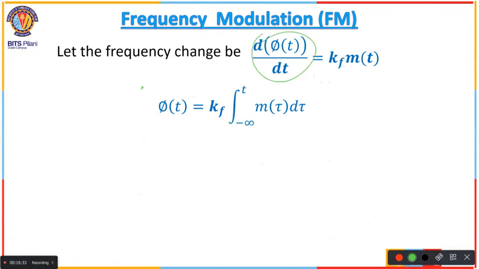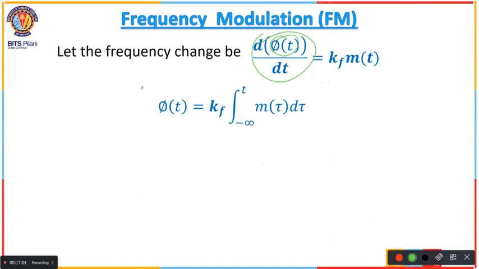This is frequency. If I want to convert it back to the phase angle, it is integration. The phase angle, when you convert it to frequency, is d phi of t by dt. Now when it is converted to frequency, how do you get it back to phase angle?